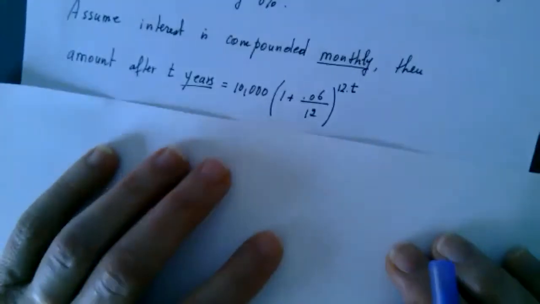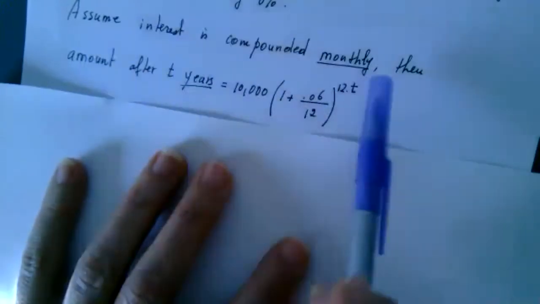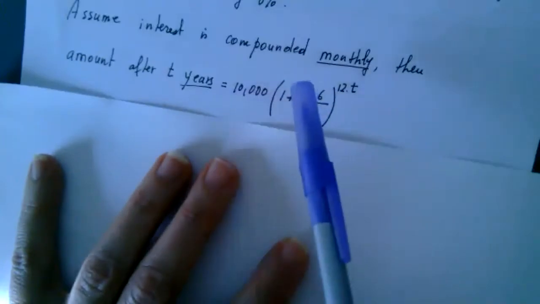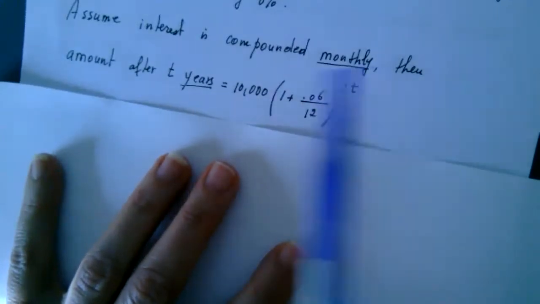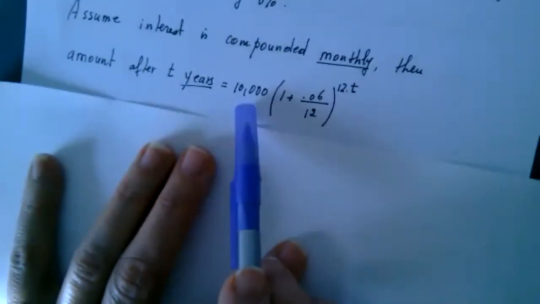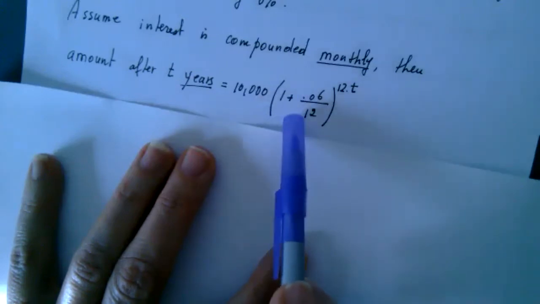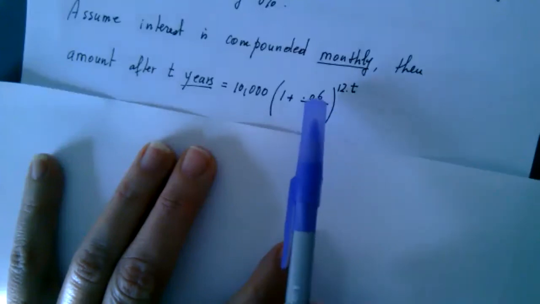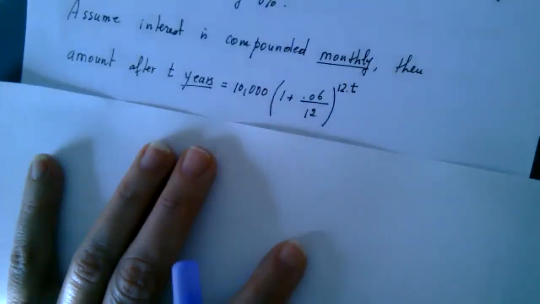All right, so assume the interest is compounded monthly. Then after t years, the formula that we developed last time tells me it's going to be 10,000 times 1 plus 0.06 over 12. 12 is the number of compounding periods, and 0.06 is my 6%.